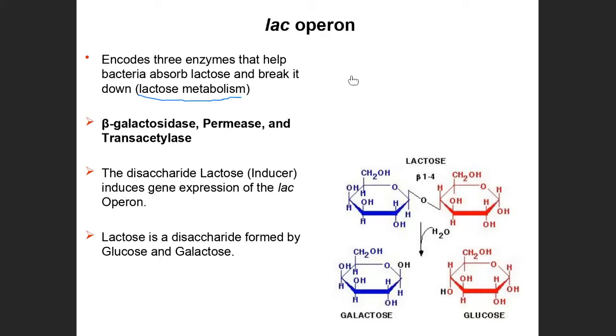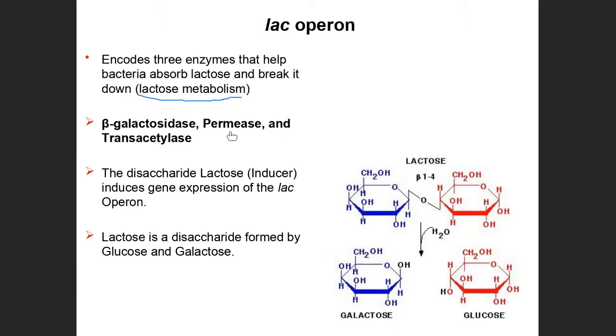Beta-galactosidase takes the disaccharide lactose and breaks the covalent bond holding together the two monosaccharides that form lactose, galactose and glucose. So beta-galactosidase acts on the substrate lactose and breaks it down into two products, the monosaccharides galactose and glucose.